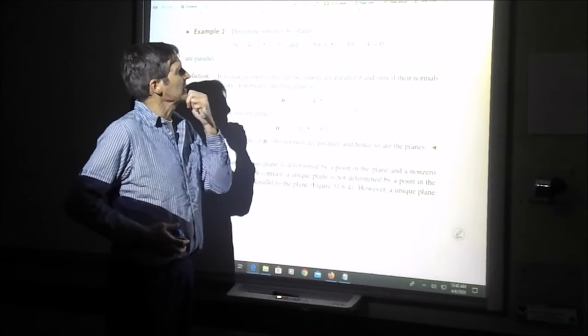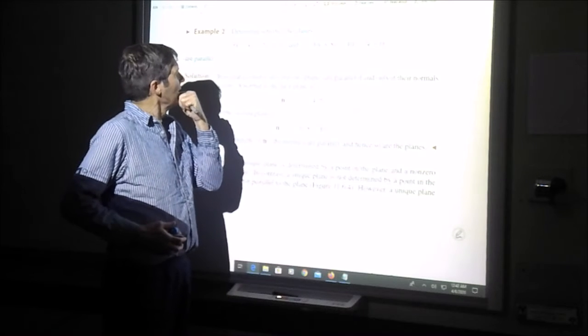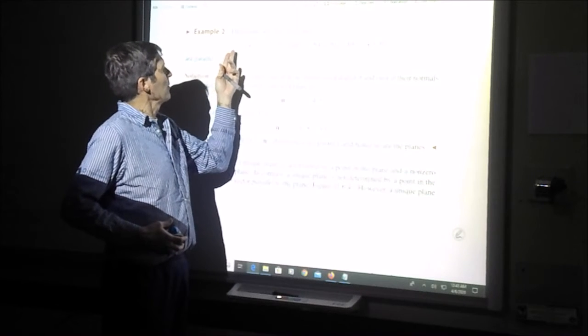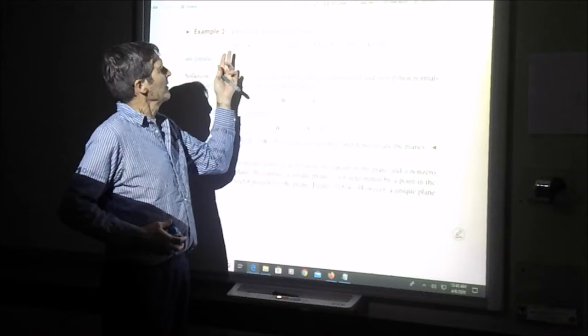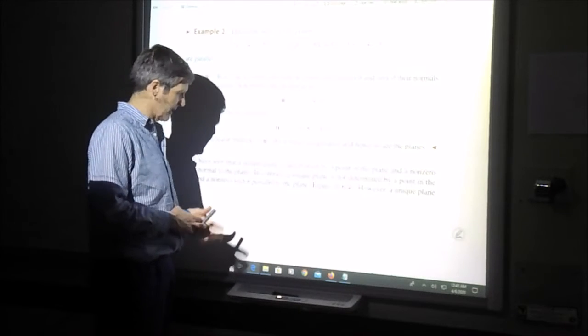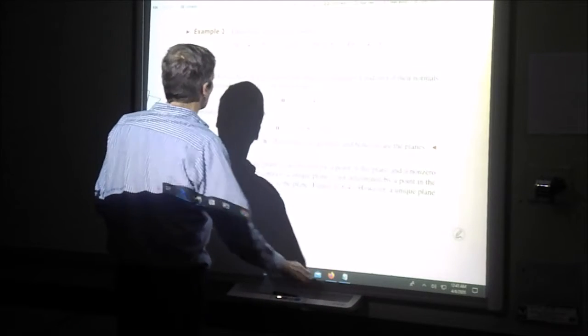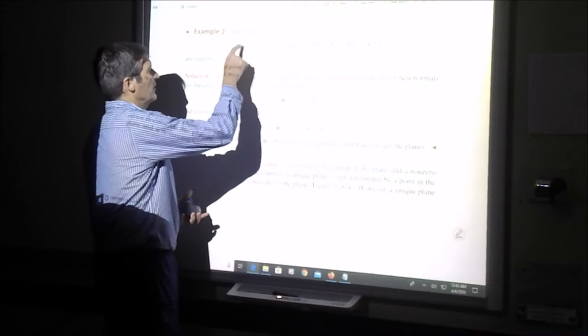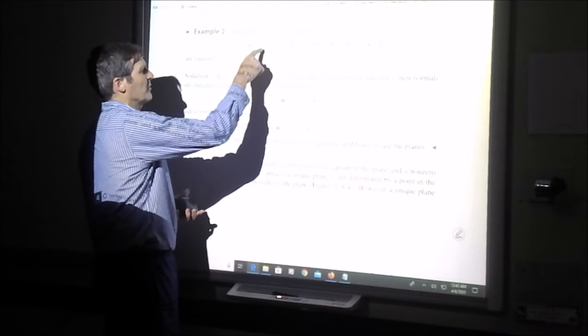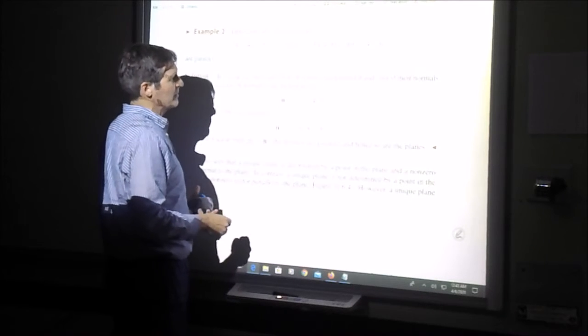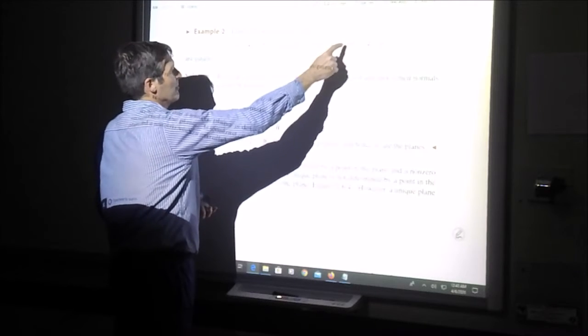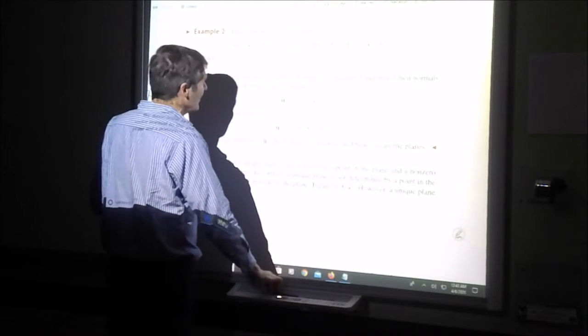Are these planes parallel, I wonder? All you have to do is see if each number here, if you write down the normal vector for this one, are just the coefficients of x, y, and z. 3, minus 4, 5 is the normal to this plane. Minus 6, 8, minus 10 is the normal to this plane.